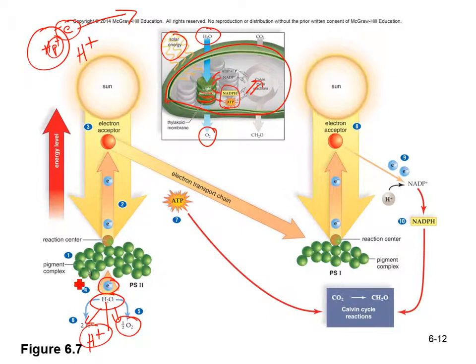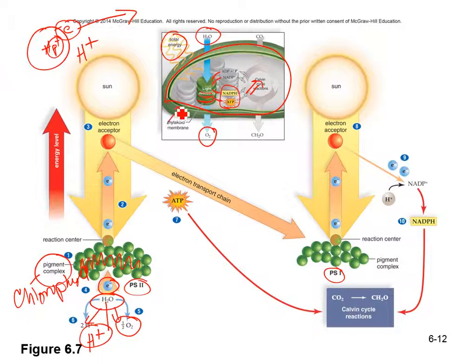This electron gets passed to photosystem 2, and again I realize this is confusing. Photosystem 2 is before photosystem 1 and has to do with the order in which we found them and also some evolutionary mechanisms. But basically this electron gets bounced around in this pigment complex. When I say pigment complex, I'm talking about those chlorophyll pigments.